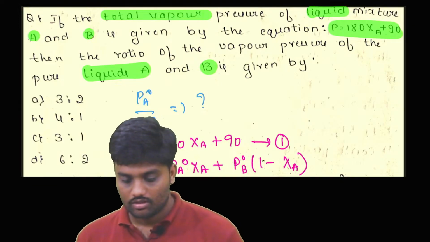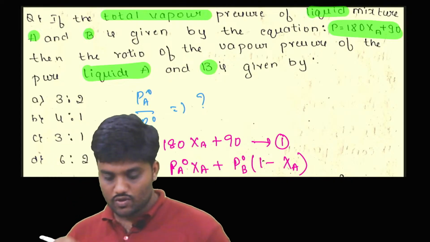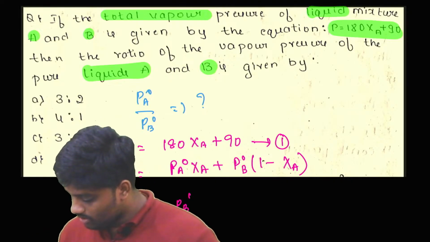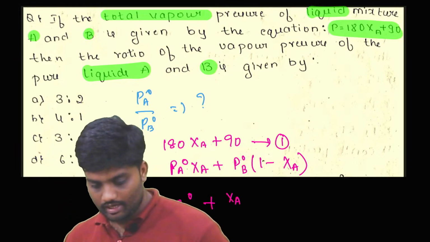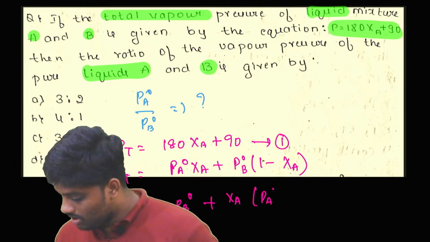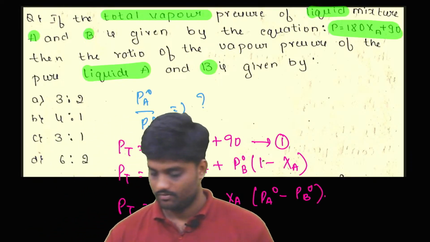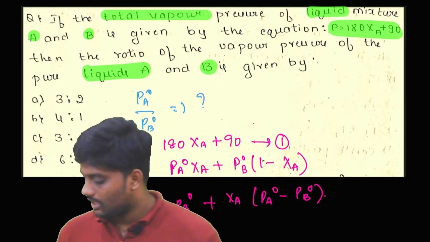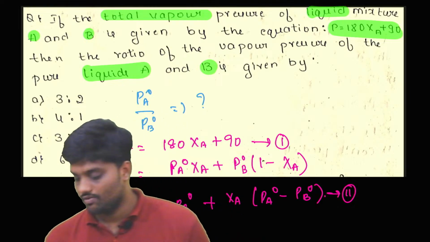So I can also write this in terms of PT. I can also write it as PB naught plus psi A into PA naught minus PB naught, right? This I'll call the second equation.